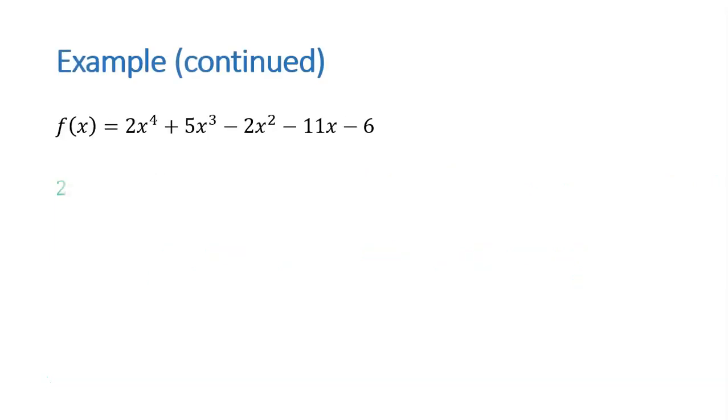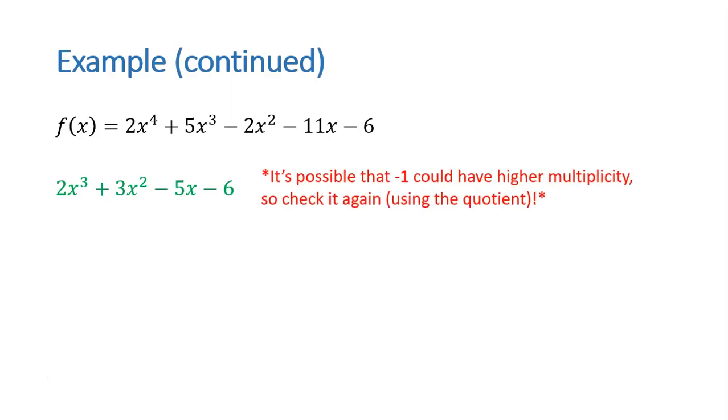One thing we need to take into account is it's possible that negative 1, the zero we just found, could have a higher multiplicity. So we want to check it again, but make sure you check it using the quotient. If we check it with the original problem, then of course it's going to work. We already determined it worked. We want to check it with what's left over to see if it divides in again.